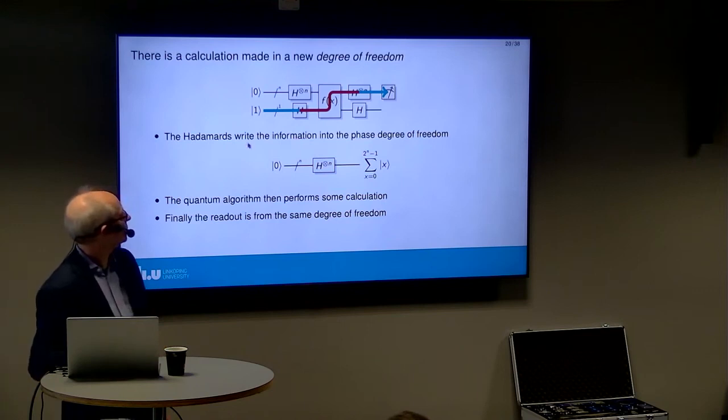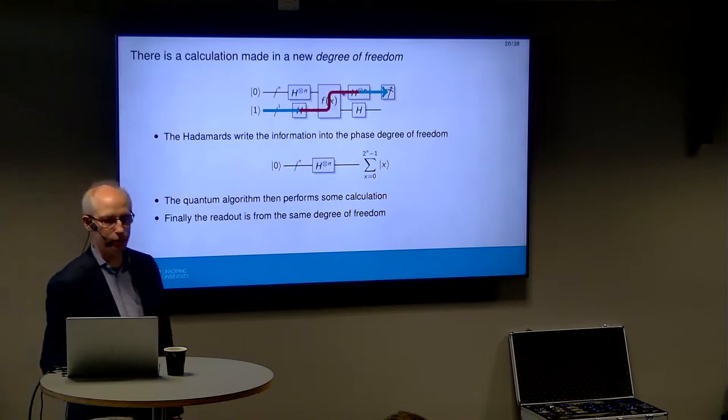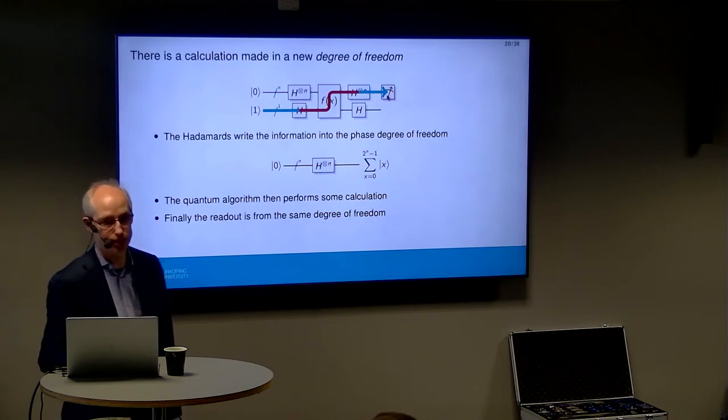The Hadamard write this information into the phase degree of freedom. The quantum algorithm performs a calculation in F, which somehow puts the information you want in that degree of freedom here, and then you recover that and can read it off in your measurement device, in your detectors.